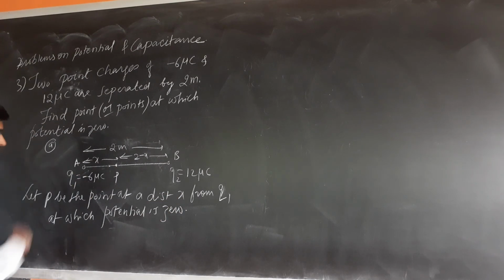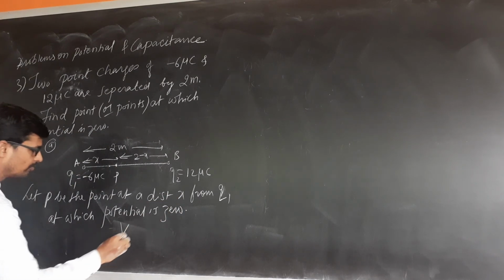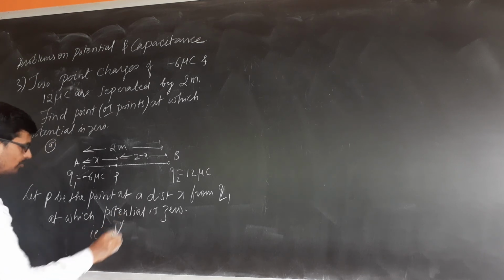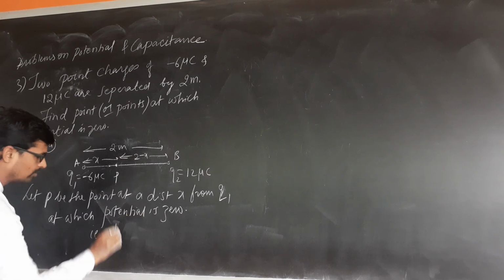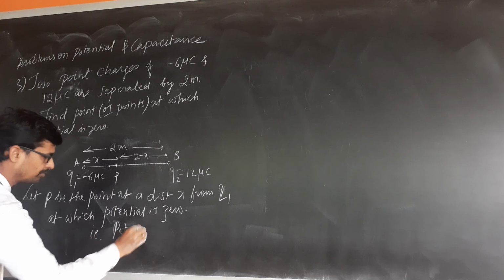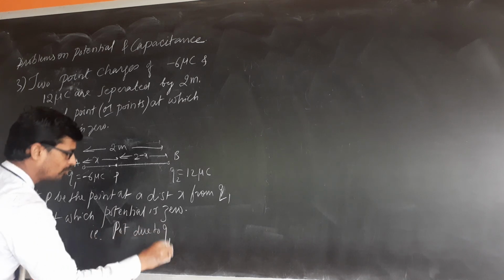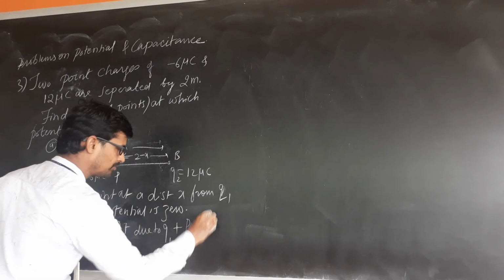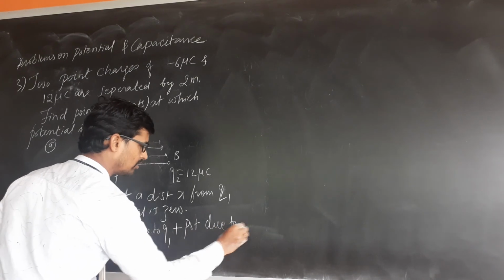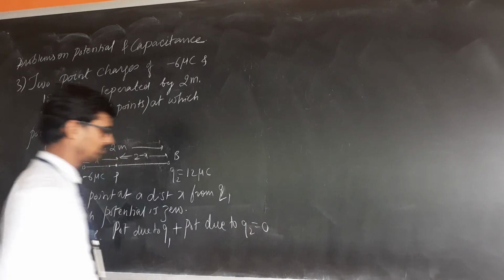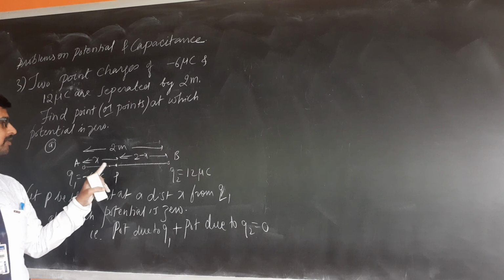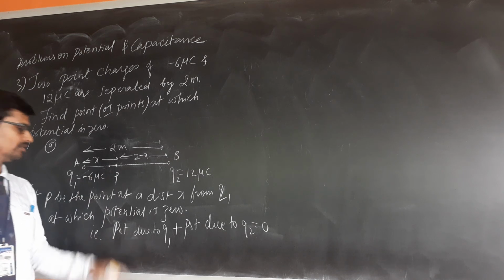At this point potential is 0, which means the potential due to Q1 plus the potential due to Q2 must be equal to 0. As much as Q1 produces, Q2 should also produce the same potential, with opposite sign, so that it becomes 0.